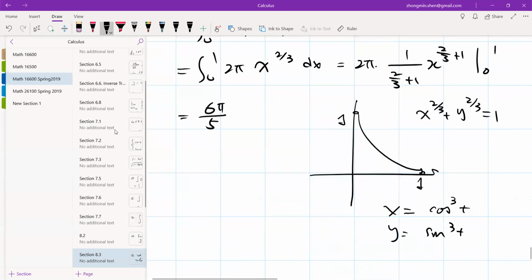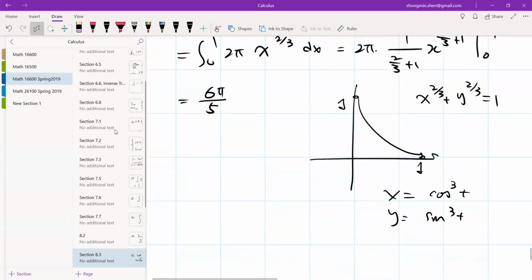Why? Because when you take 2/3, you get square. Square plus square equals 1, right? Yes, no? Yeah. Then this satisfies the equation, okay?